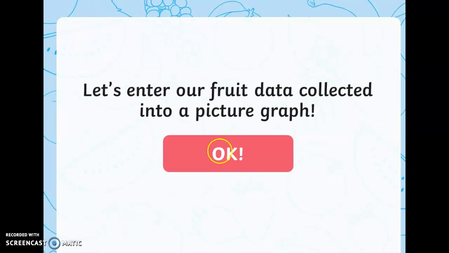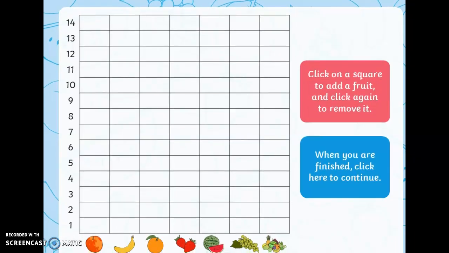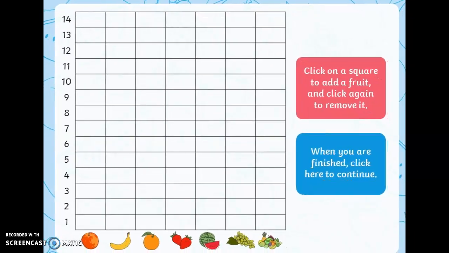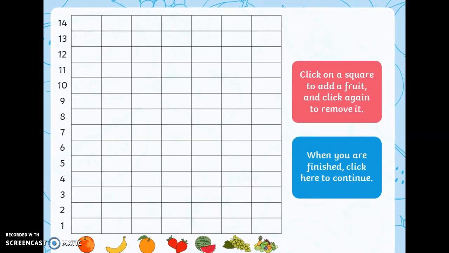So, look at my graph here. Now, let me just move the screen. Now, we have all of our fruit on the bottom and our numbers here on the side.